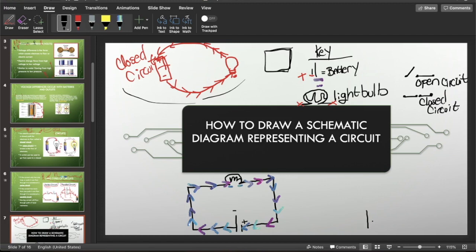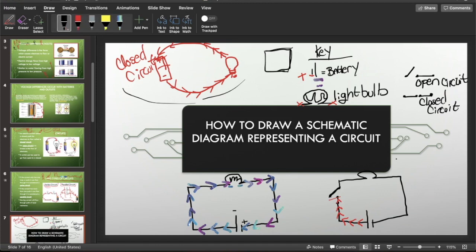We'll start with drawing our battery again, and then we'll add our open circuit, our light bulb, and all the way back to the battery. So what's going to end up happening when we draw this circuit right here, we're going to have the current run all the way up to here, and then it's going to stop because this is an open circuit.